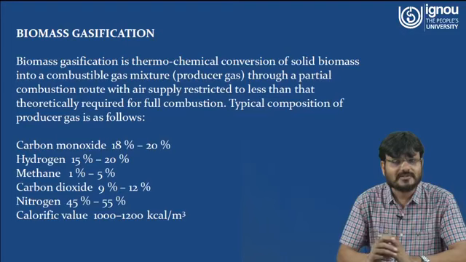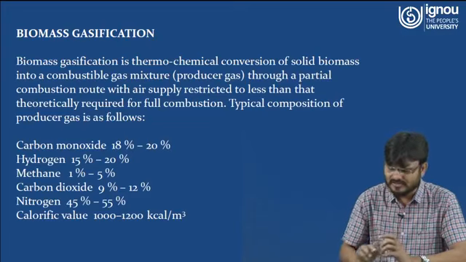So here you can see there is more nitrogen, and the calorific value of this gas is basically 1000 to 1200 kilocalorie per meter cube. That means if 1 cubic meter of gas is used, it can generate around 1000 to 1200 kilocalorie of thermal energy.